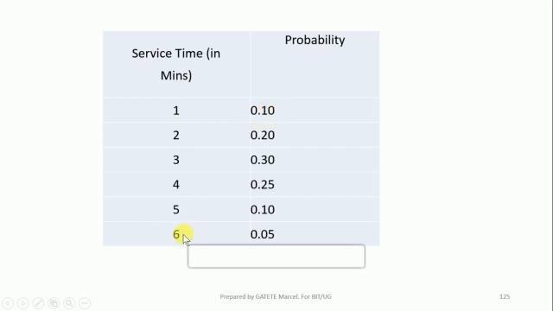The probability that the customer will be served in 6 minutes is 0.05. The highest probability is 0.3, the probability that the customer will be served in 3 minutes.